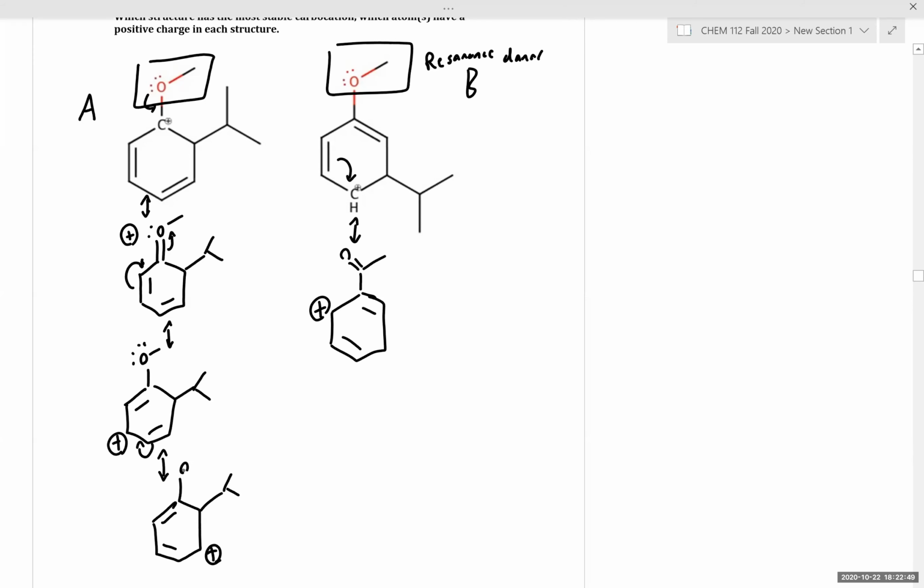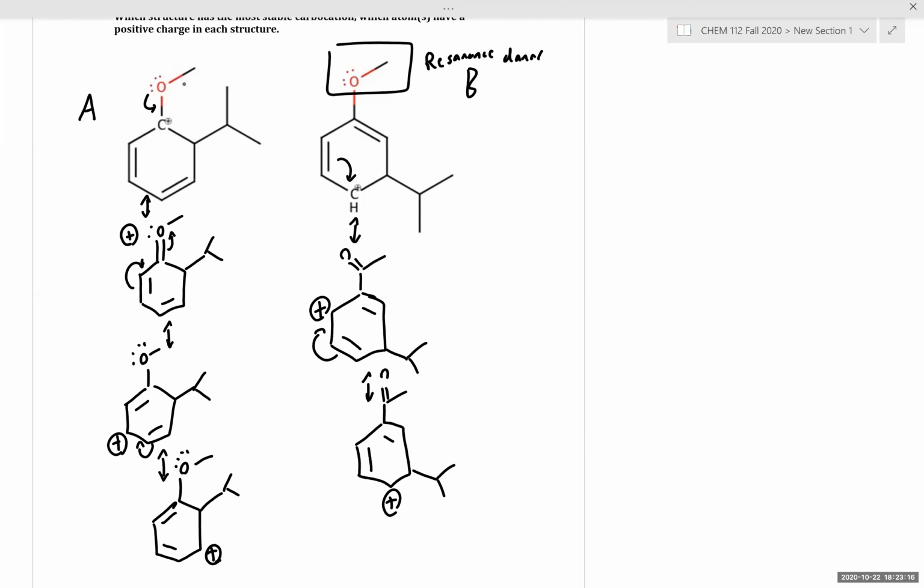Okay, so looking at these resonance structures for A and B, what do we notice if we compare the resonance structures for A and B? What do we notice in terms of stabilization of our cation? Is there something that differentiates structure A and B?